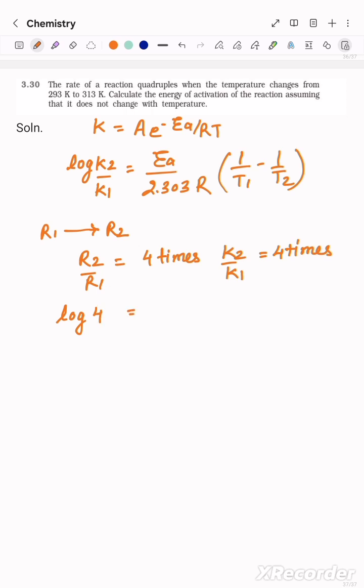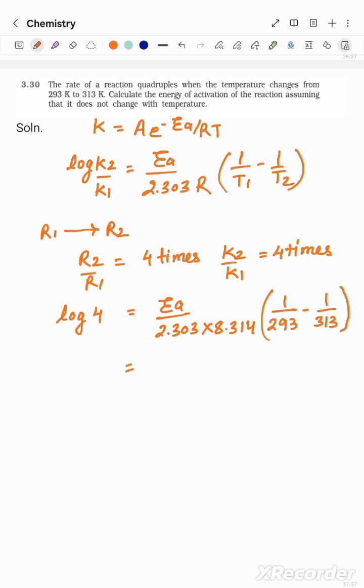So this will become log 4 is equal to EA, which we have to calculate, divided by 2.303 multiplied by 8.314, times 1 upon the first temperature, that is 293, minus 1 upon the second temperature, 313 Kelvin.